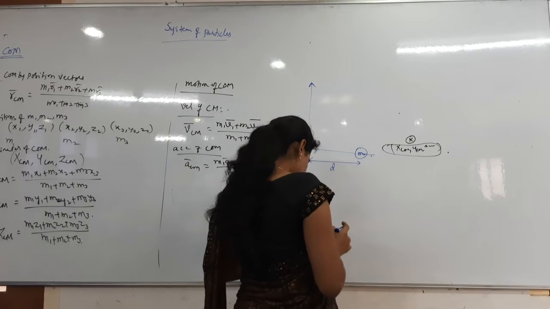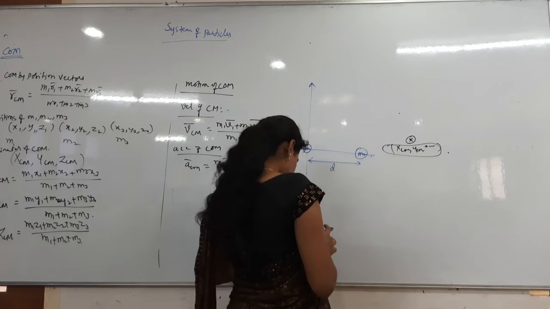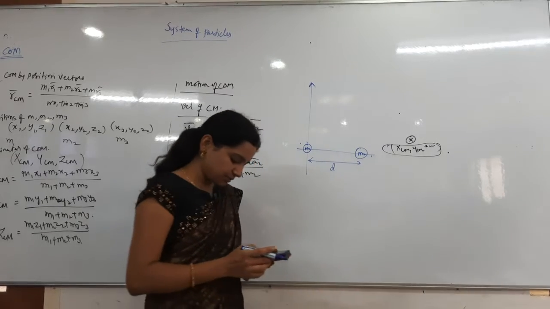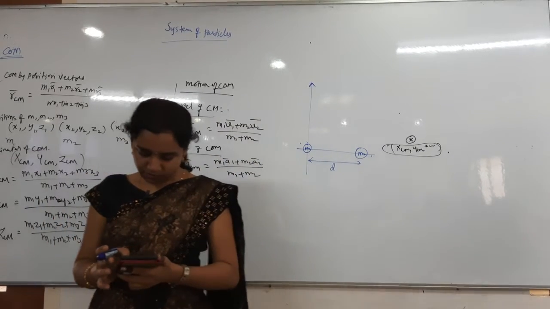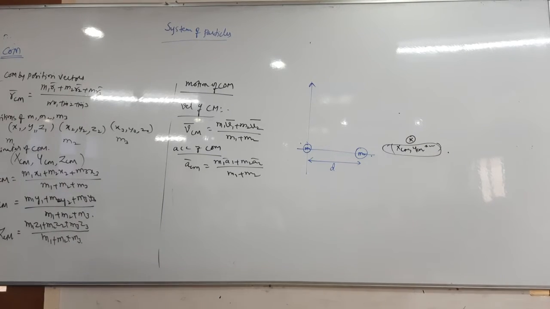Next, the problem. Locate the position of center of mass of masses m1 and m2 separated by a distance d.